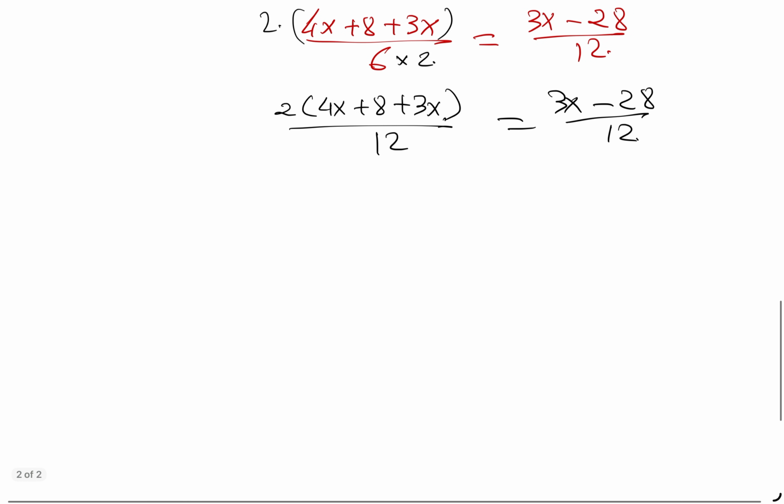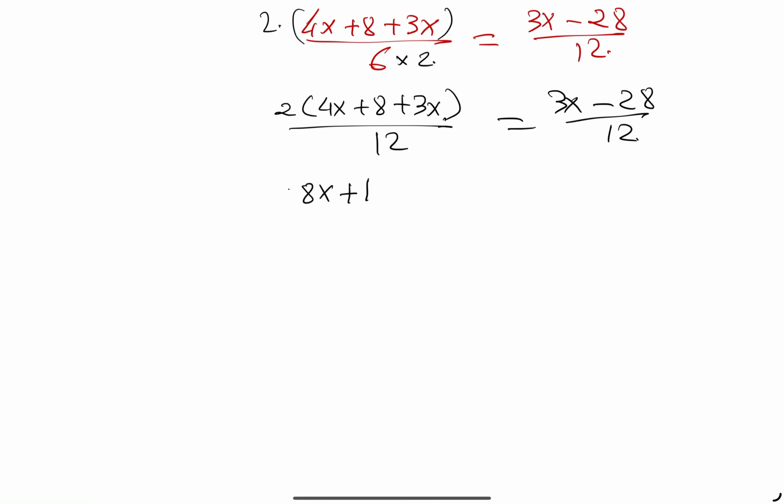Now you can see the bottoms are the same, so I can get rid of the 12. So 2 times 4 is 8x plus 16 plus 6x is equal to 3x minus 28.